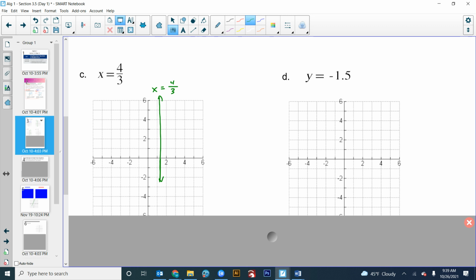Y equals -1.5. Vertical? Horizontal? Say it again. Horizontal.